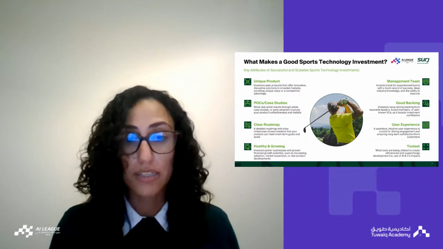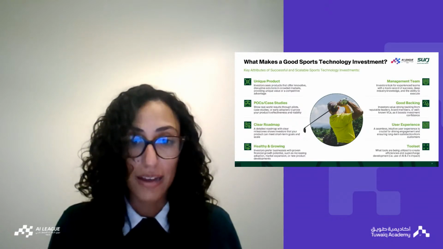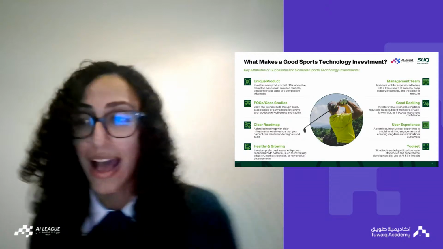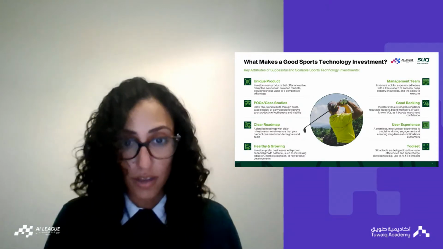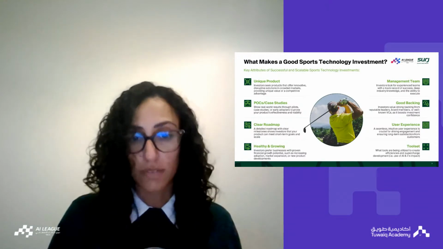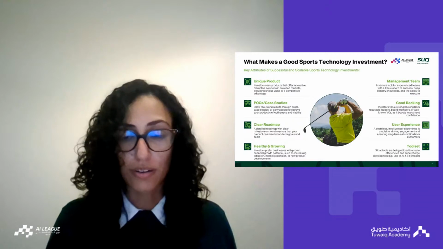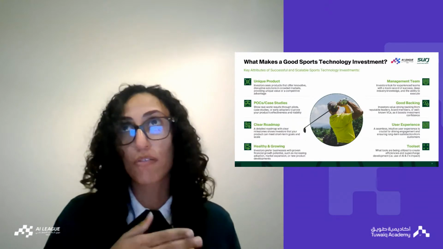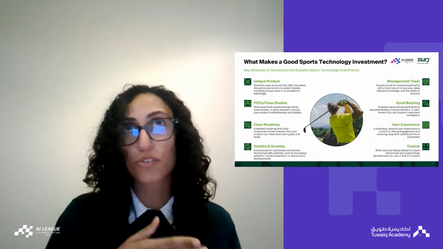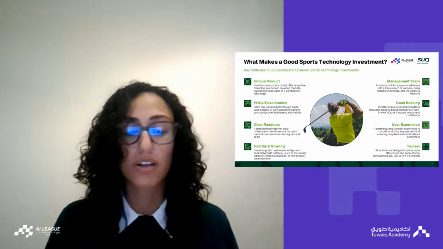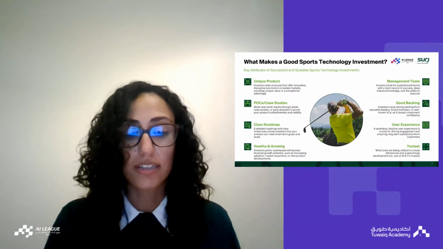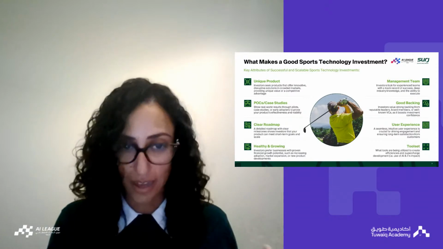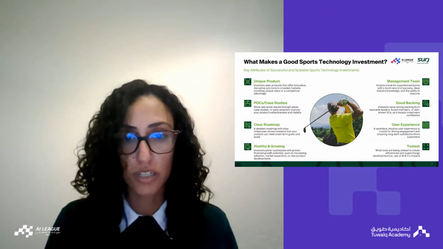The fourth piece is having a healthy and growing business. So again, bearing in mind that a lot of you are not far down the path where you have clients and everything. It's very much an initial distinctive first attempt at solving problems for the sports industry.